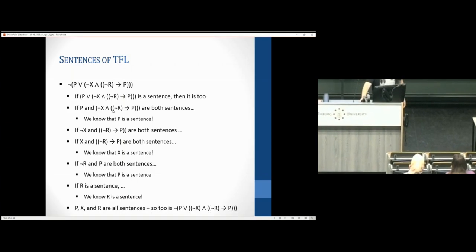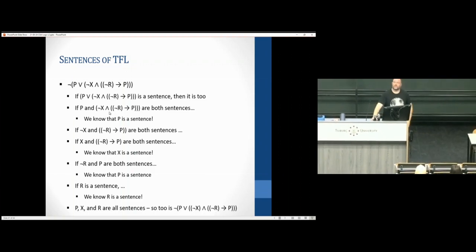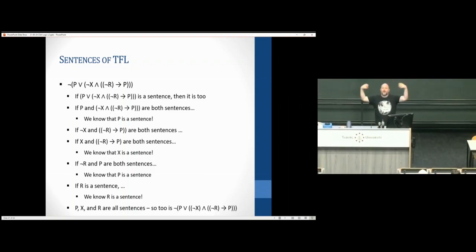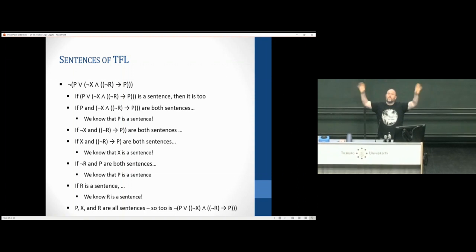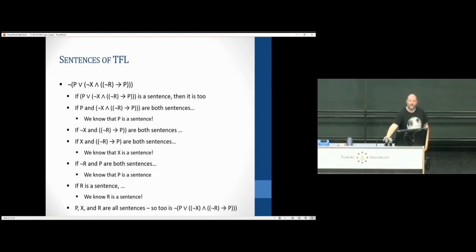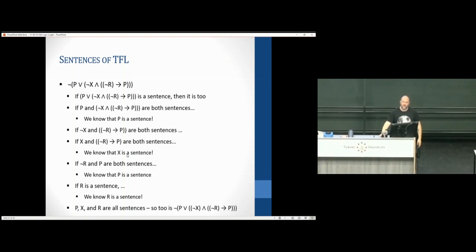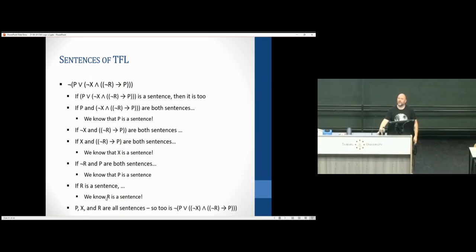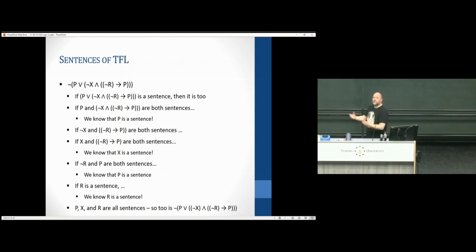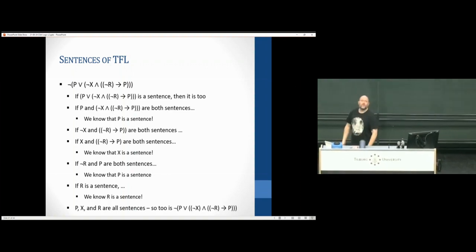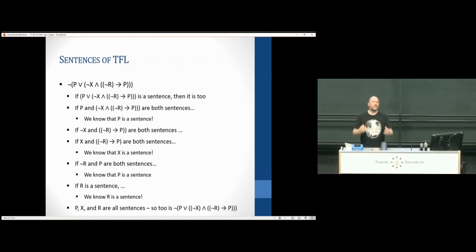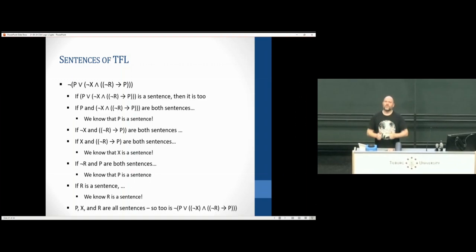And it's the and. So we snap it there, and then we keep looking at the parts, and we keep stripping each part down and down and down until we end up with just atoms in every case. And if we can do that, if we can strip it down and end up with just atoms, then we know that actually the thing we had at the beginning is in fact a proper sentence.